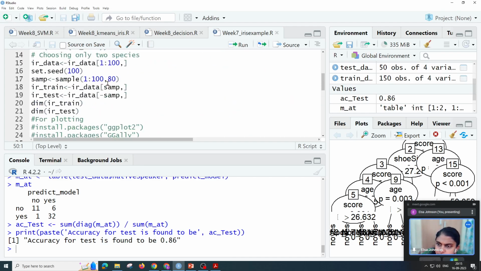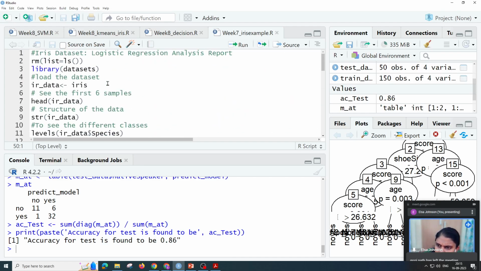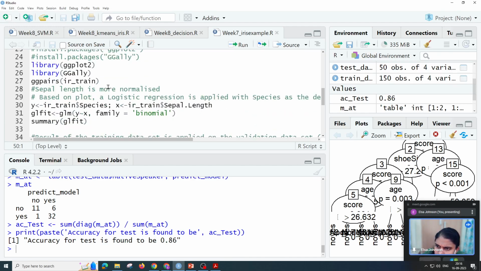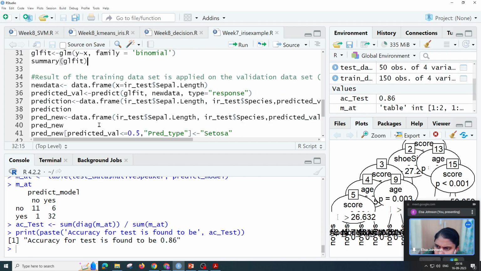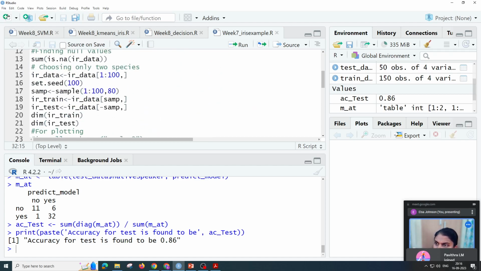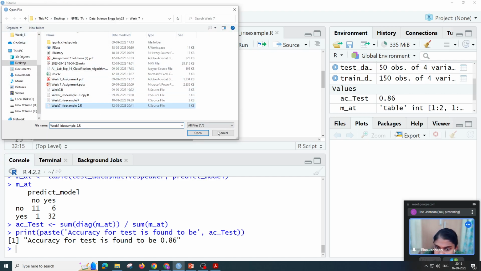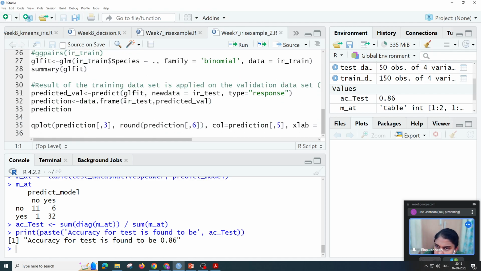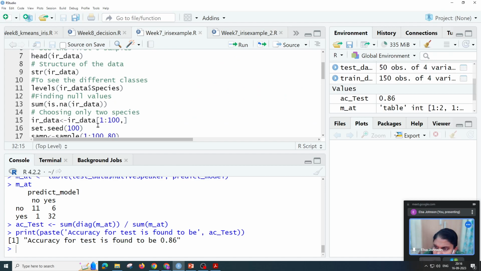Okay, just let me see this one. Actually, you have to see the distribution of that particular data, right? So what can I do for that? Okay, this one itself we will see.